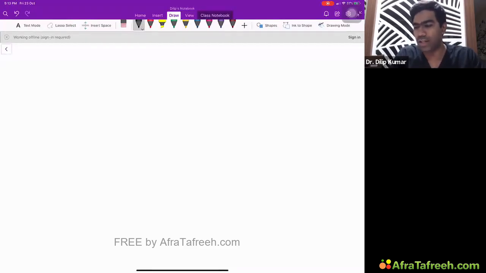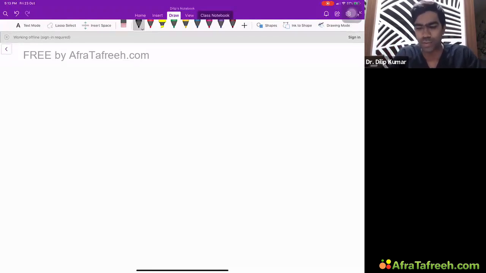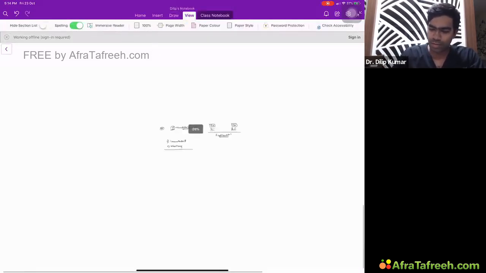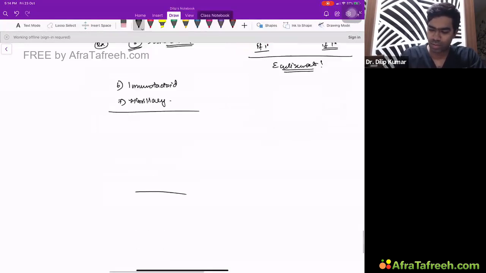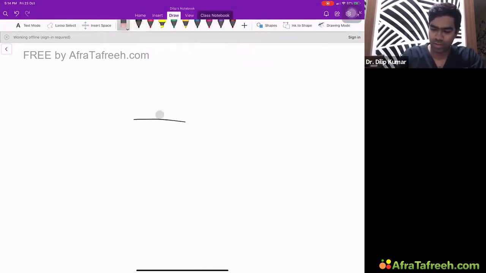One is minimal change disease, second is FSGS, and third is membranous nephropathy, which we'll be discussing subsequently. And we have some secondary types of nephrotic disorders as well, which also will be discussed subsequently. First, let us talk about MCD, minimal change disease.